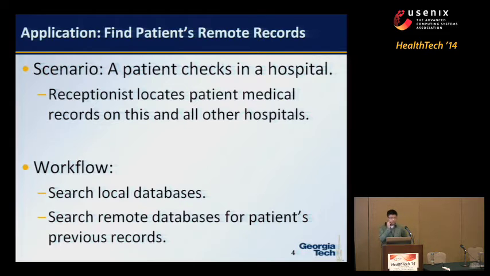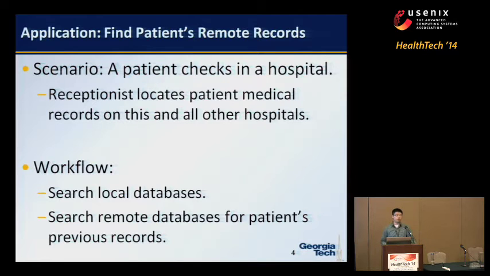So the application scenario we focus on in this work is how to find patient records which are potentially located on remote hospitals. Let's say I'm a patient, I'm checking myself in at a hospital. The front desk clerk will need to locate my previous medical records at this hospital and other hospitals.